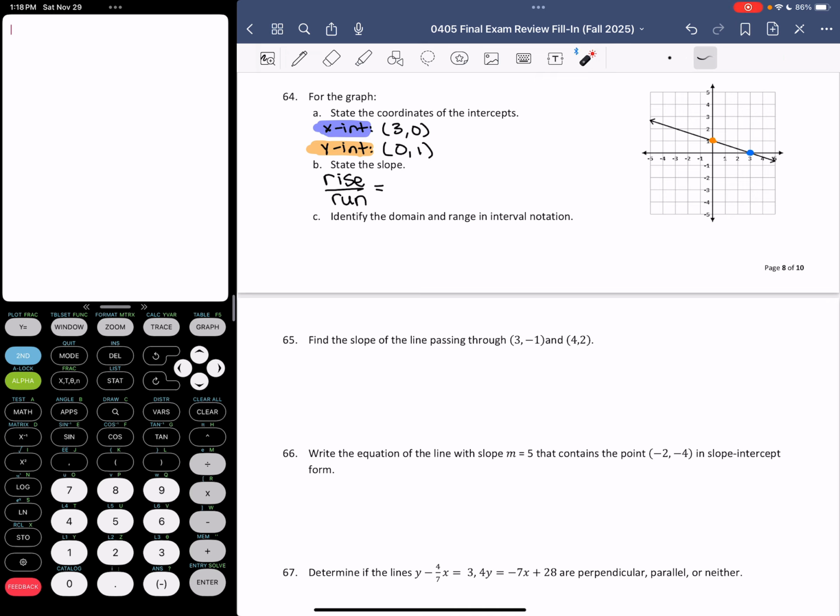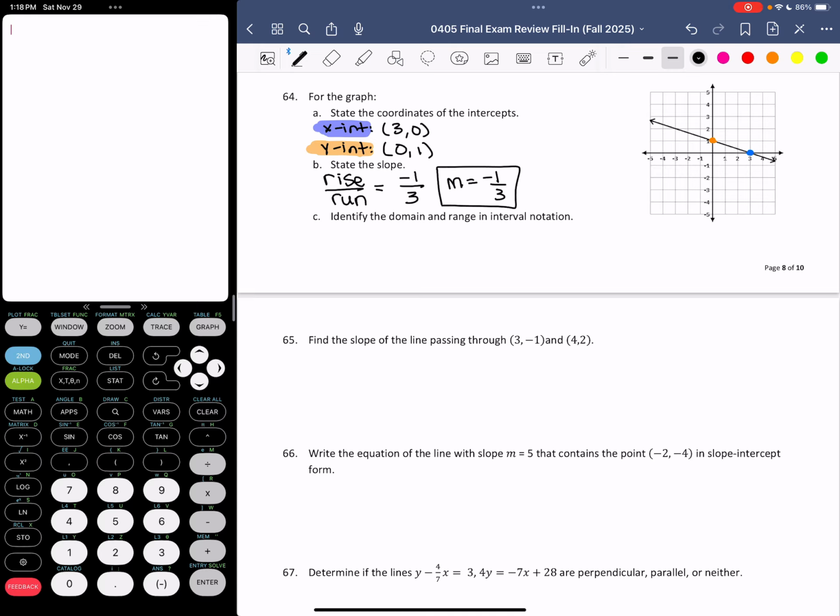So if I'm following here, I'm going to go down 1 and to the right 1, 2, 3. So my down is -1, and then to the right is going to be +3. Okay, so down 1, -1, and then run +3. So your slope is -1/3.